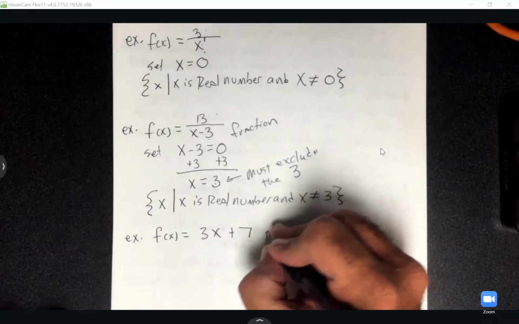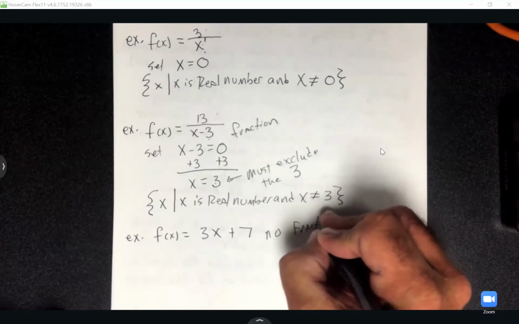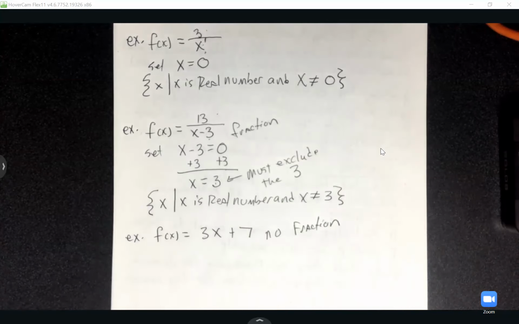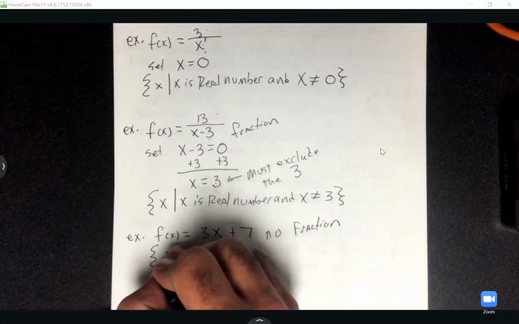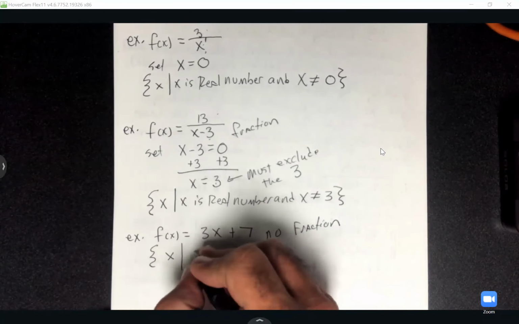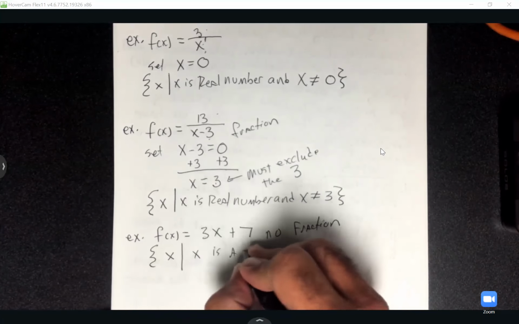There's no fraction. Y'all remember, if there wasn't a fraction, then my domain is going to be all real numbers. So we would automatically pick x such that x is a real number.